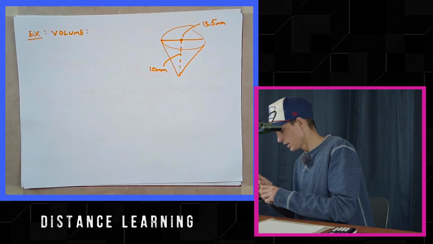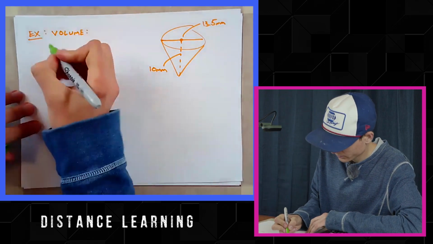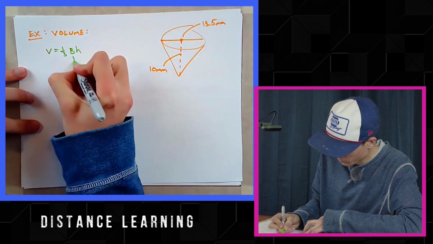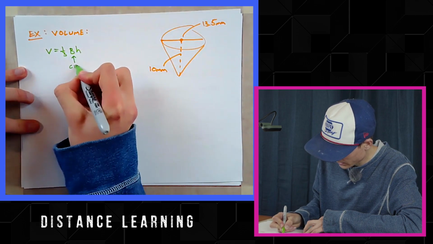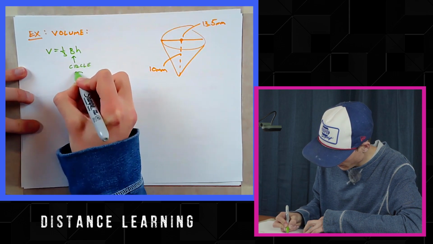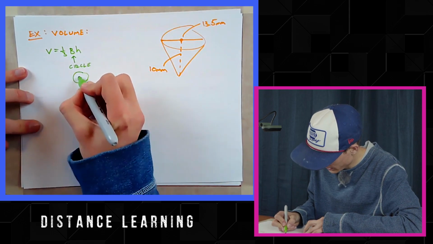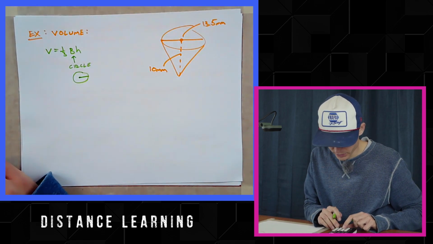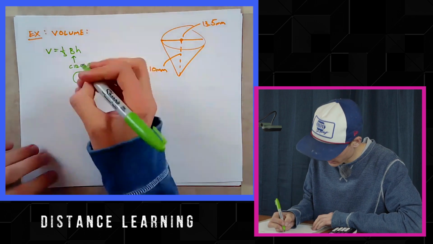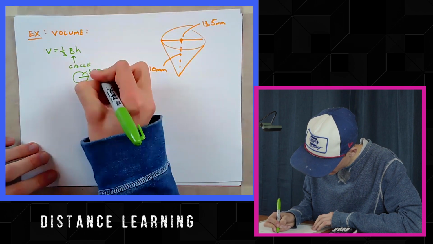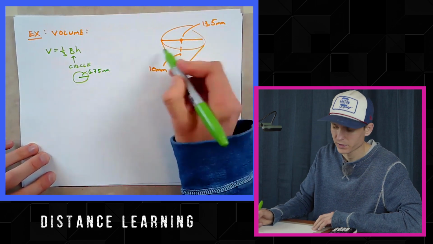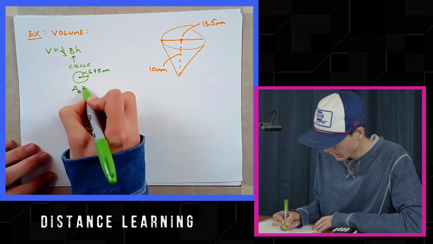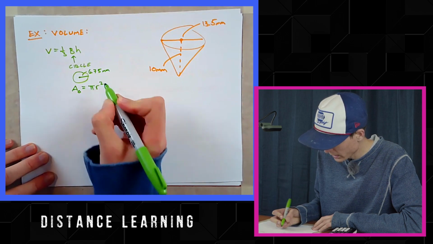Alright? It's a cone. Our formula is 1/3 base times height, but that base is a circle with a radius that is half of 13.5, which is 6.75 millimeters. I just took half to find the radius, because the formula for area of a circle is pi times radius squared.